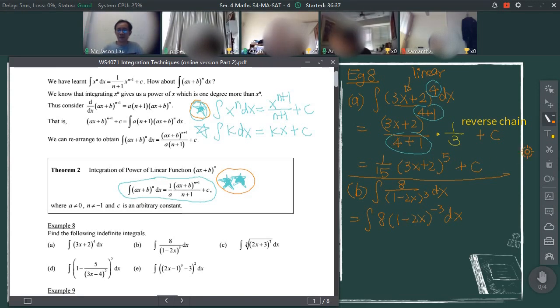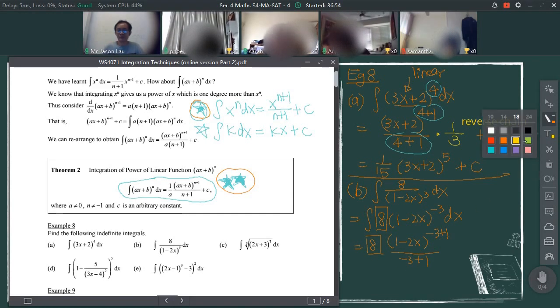So after that, we ignore the 8, then we integrate the term, which is a linear term again. So we deal with the power first, then we deal with the reverse chain rule. So differentiate the inner part, we get -2. So we just do 1 over -2.